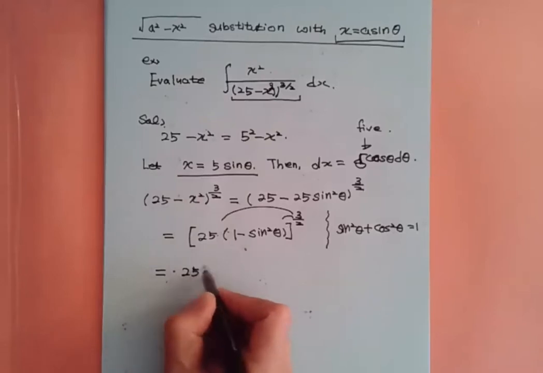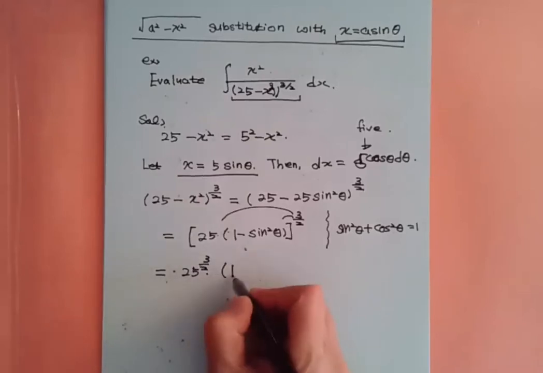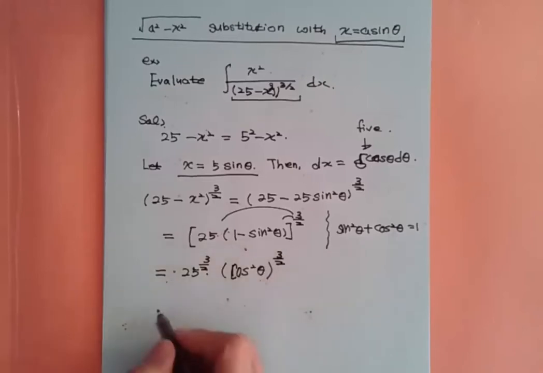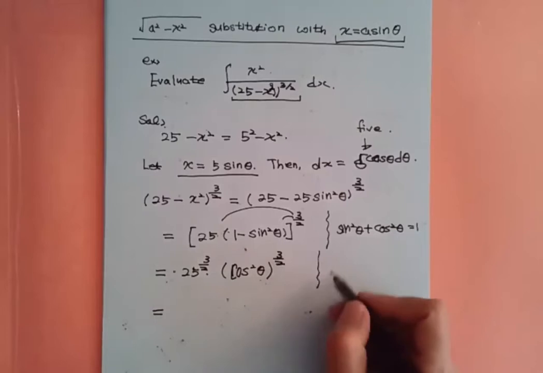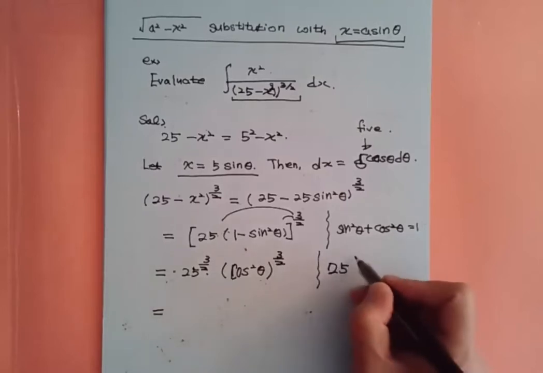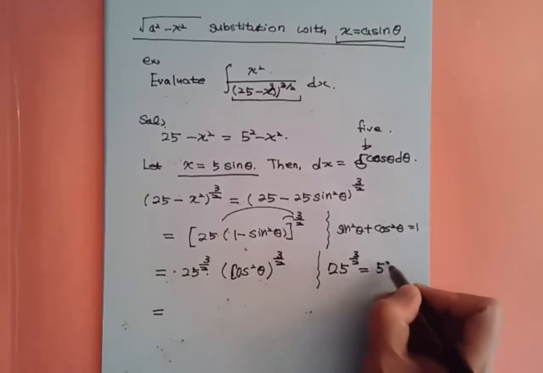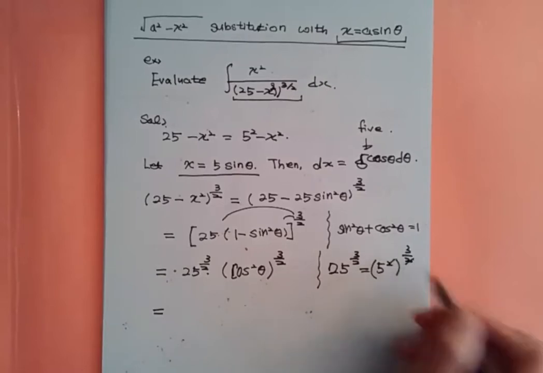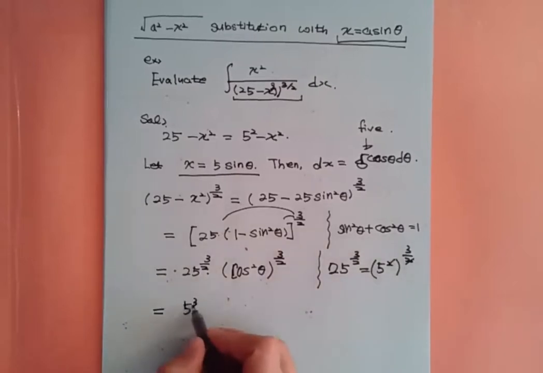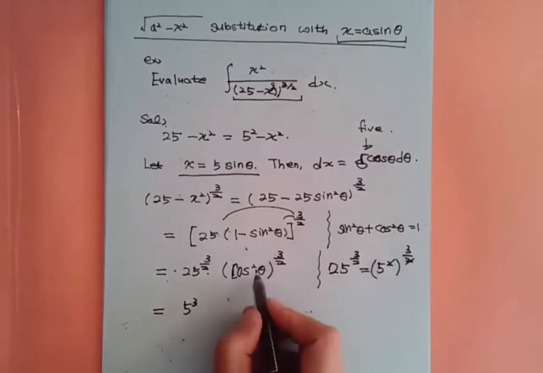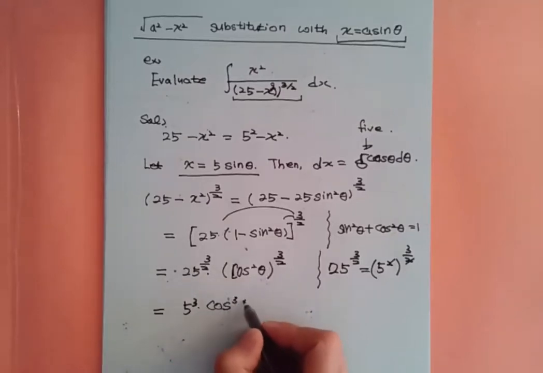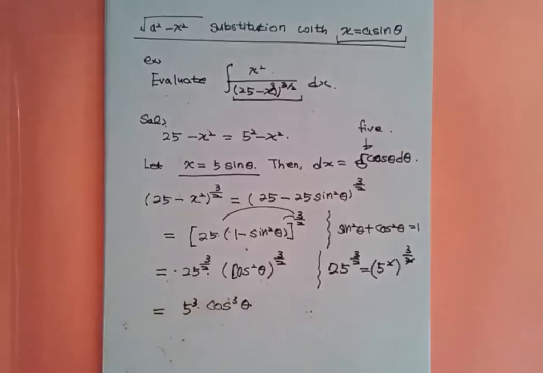So 25 to the 3 over 2 power times cosine squared of theta to the 3 over 2 power. 25 to the 3 over 2 power is 5 squared to the 3 over 2 power, so we multiply these two powers and get 5 cubed, and then cosine cubed of theta, right?